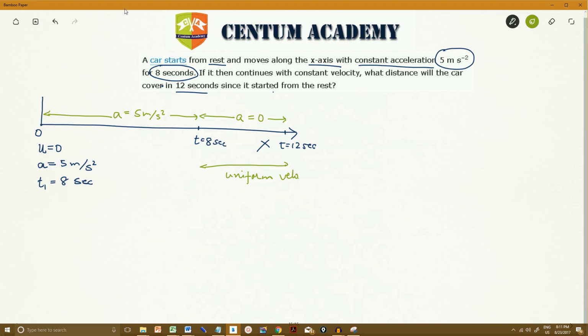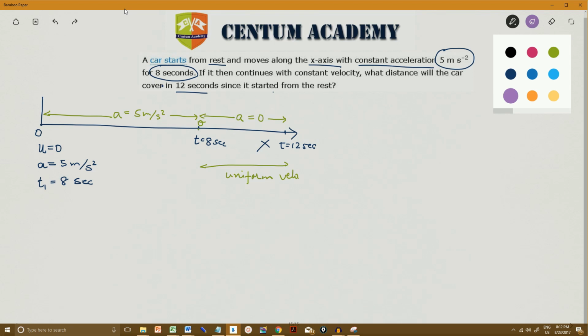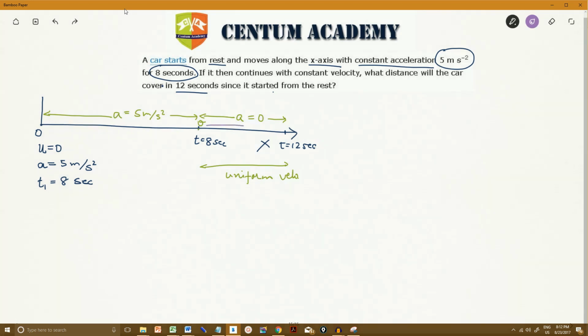The value of the velocity will be nothing but whatever value this body achieves in terms of its velocity after the acceleration. Whatever the velocity is here, the same velocity will be throughout. So let's say it moves in this phase with the same velocity v.